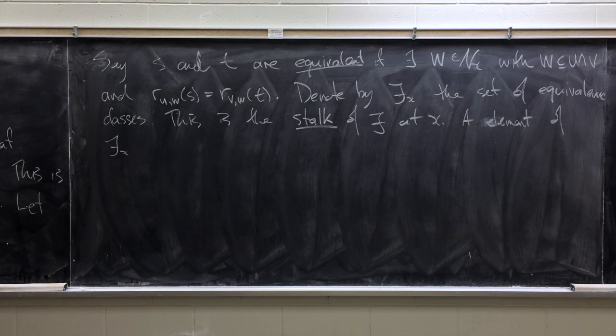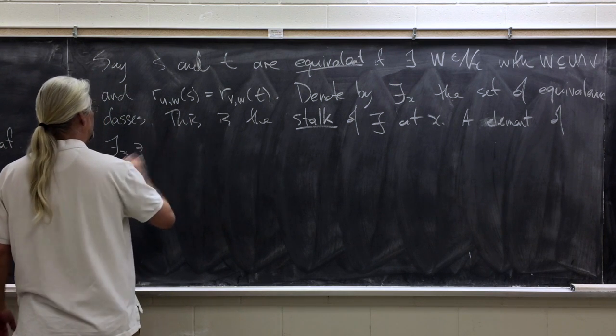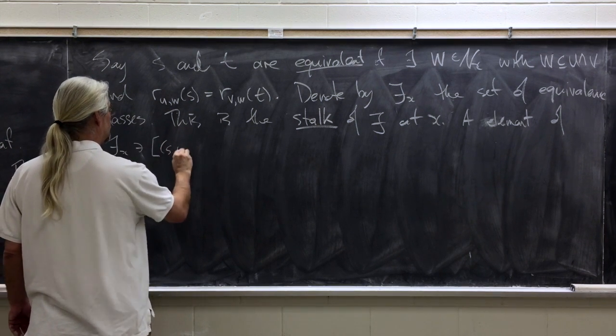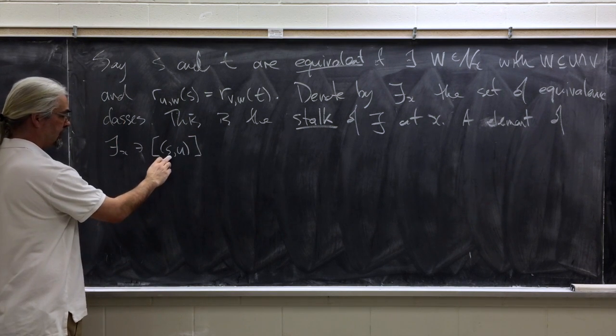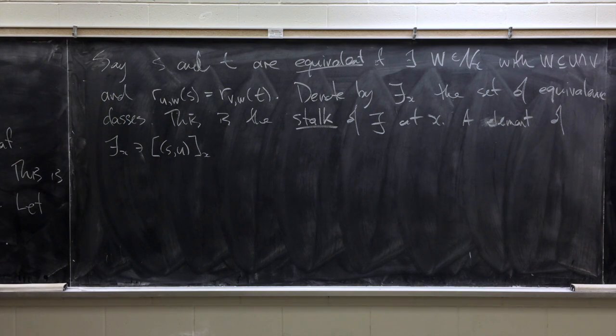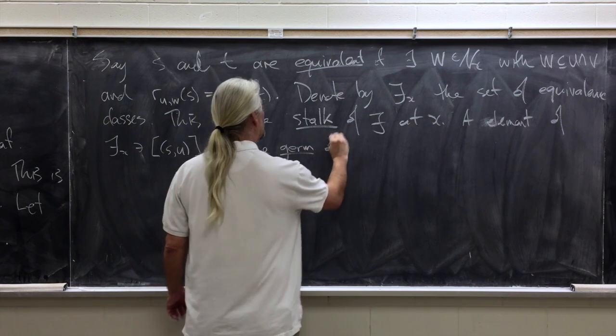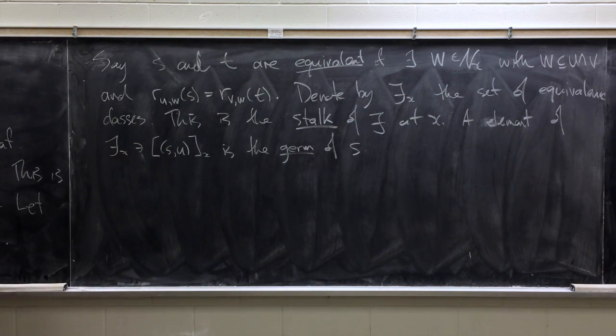Well, it's an equivalence class, so it's represented by some local section defined over some neighborhood. So it's a local section S over some neighborhood U. Very often I don't want to keep track of the neighborhood U, but let's do that for the first time here. So this is called the germ of S. So the stalk is the set of germs.